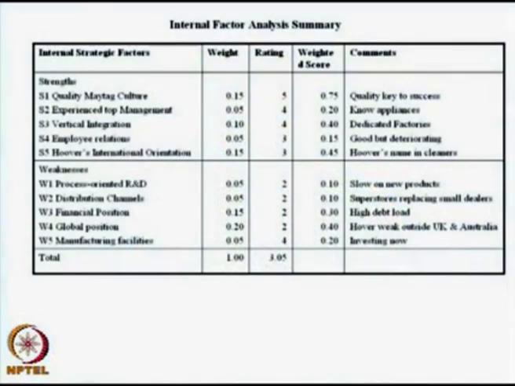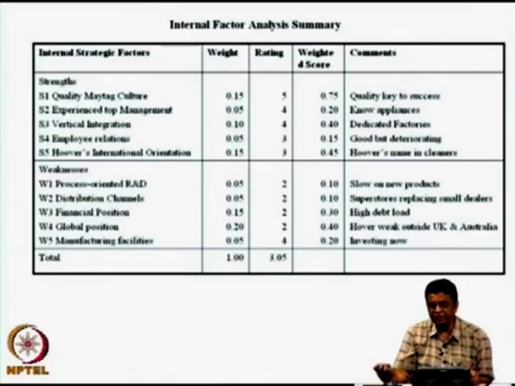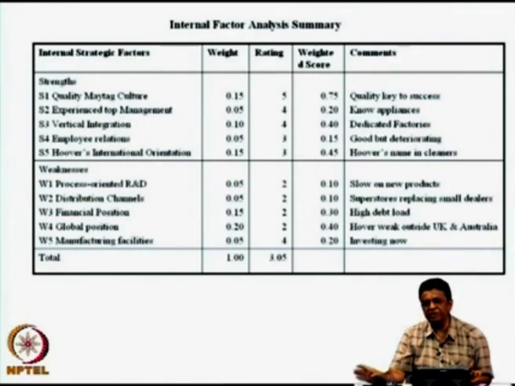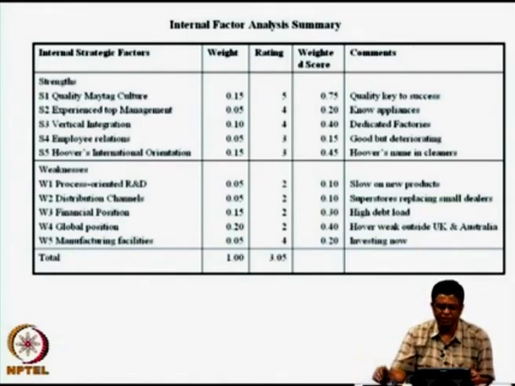So, the weighted score for the company Maytag on this particular strength turns out to be 0.75. What is the comment on this? Whenever you are putting something into the marketplace, you should always try to put a quality product into the marketplace. You should not put a product of suspect quality, because quality is key to the success of a product or a product line, whatever you may term that.